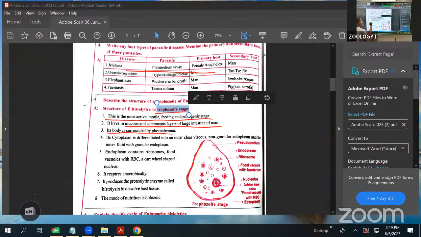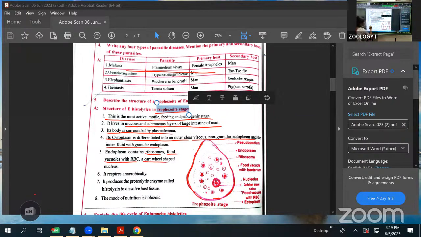The cytoplasm is differentiated into outer viscous non-granular ectoplasm and inner fluid-like granular endoplasm. The endoplasm contains ribosomes, food vacuoles, RBCs, and bacteria.